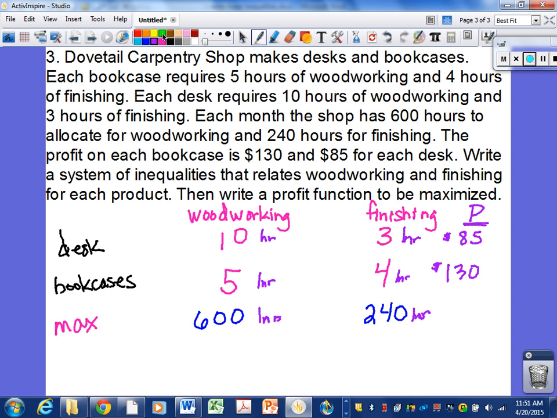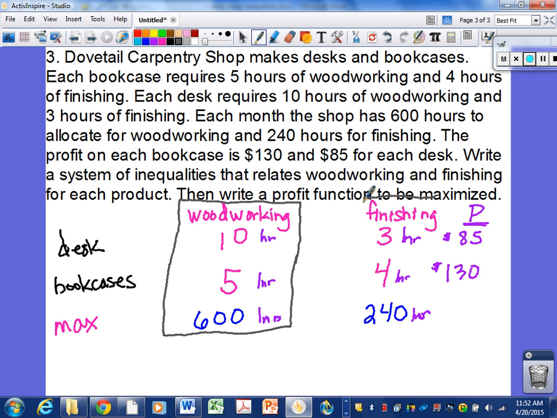So usually if you organize it in this manner, your equations come from the vertical columns. All of these three things are talking about hours of woodworking, so we're going to have a woodworking equation.